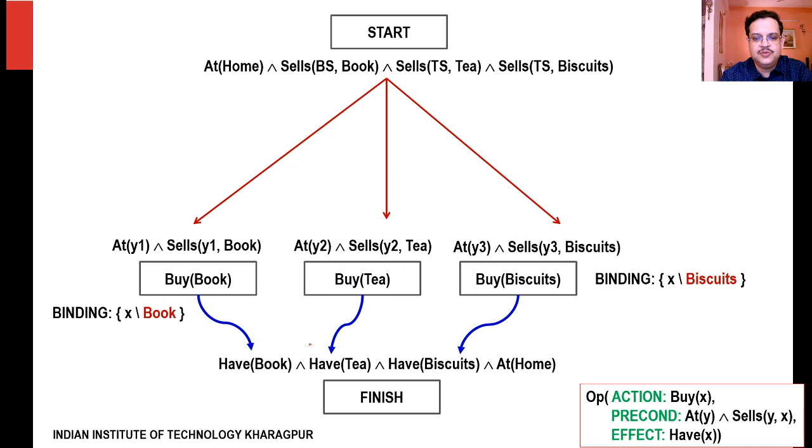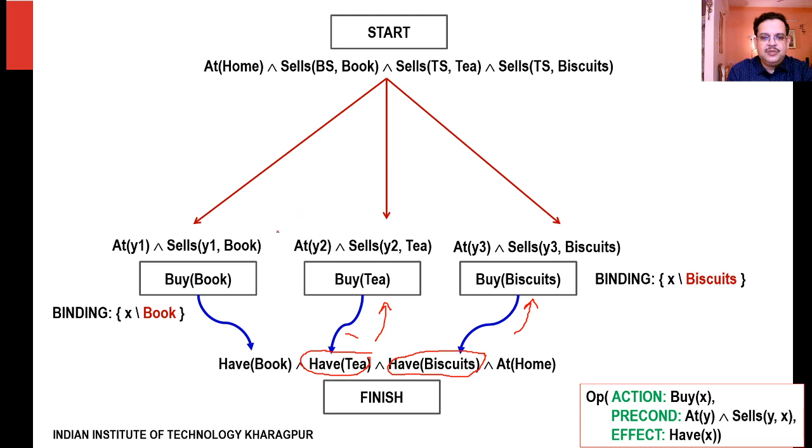So maybe I put for the sub goal have tea this action up here. For the sub goal have biscuits, I choose this action up here. And at home I am not addressing right now. So right now, after putting these steps, I have 5 steps in my plan.